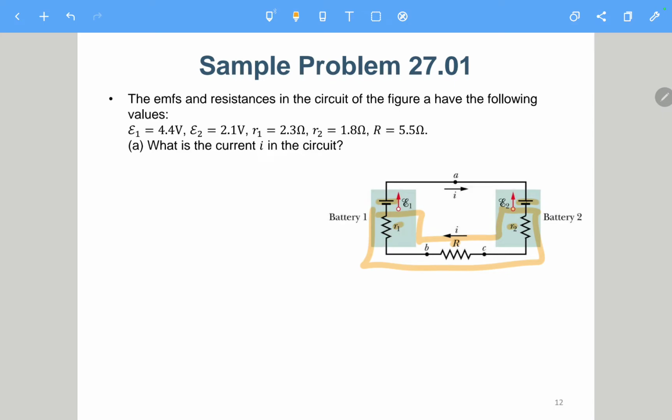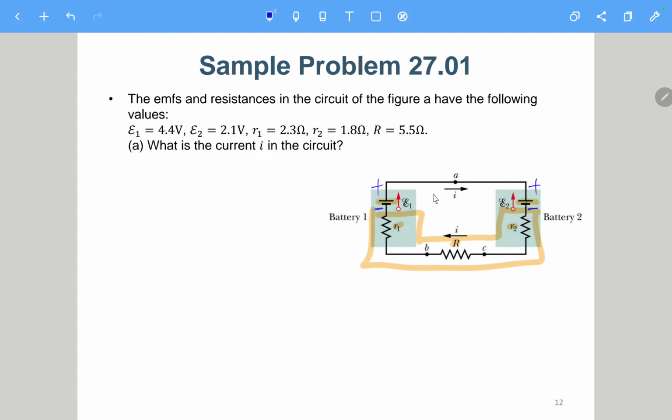Also, when you see E1 and E2, they are actually connected in opposite directions, which means this side is plus, this side is minus, and this side is plus, this side is minus. So you need to determine whether E1 and E2 are added together or subtract each other.